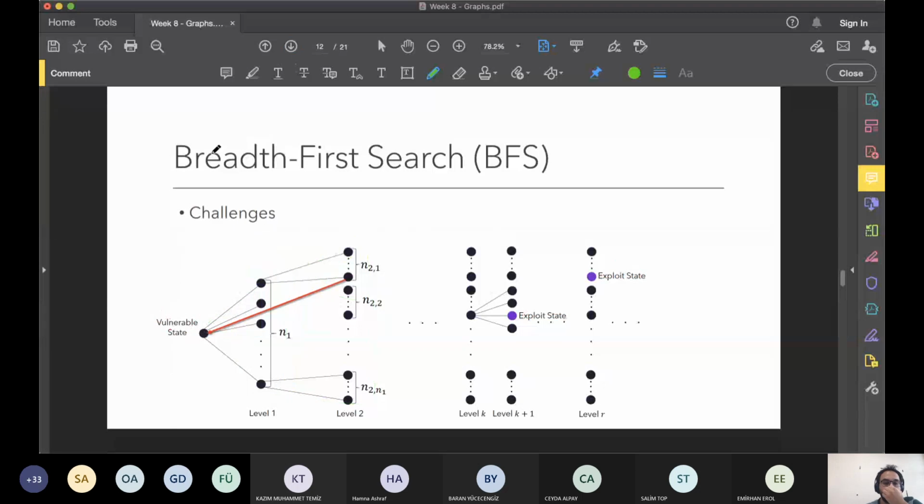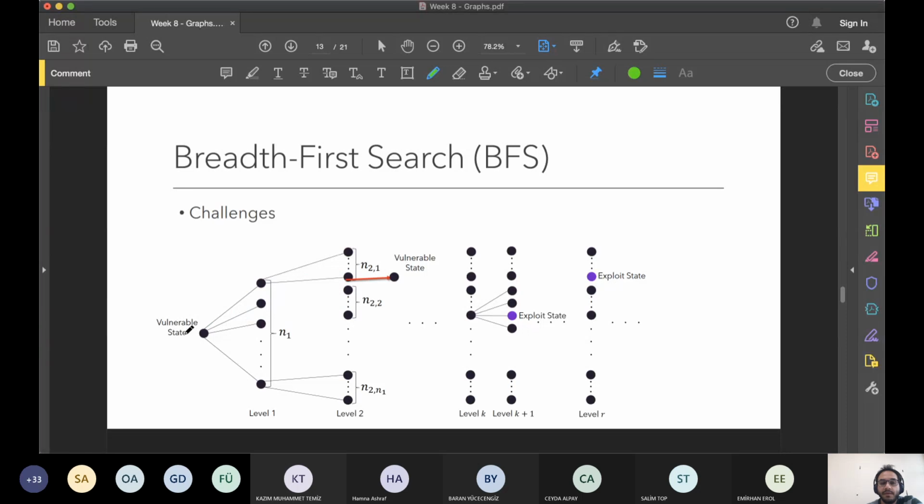So there's a challenge actually, where if this is a directed graph, maybe there's something like this. You visit this node, and from this node you can go to this node, and then you can go back. But this can generate a new state here.